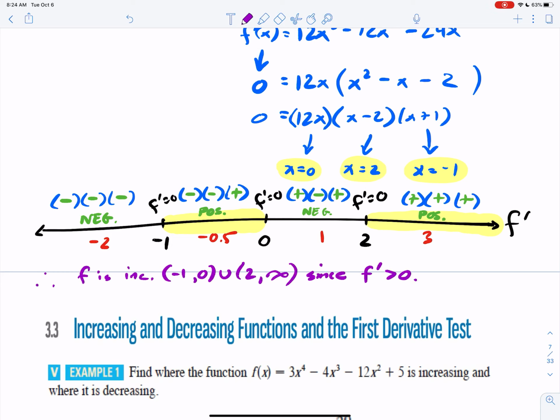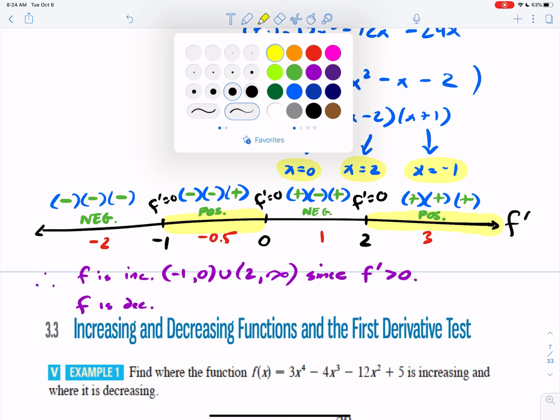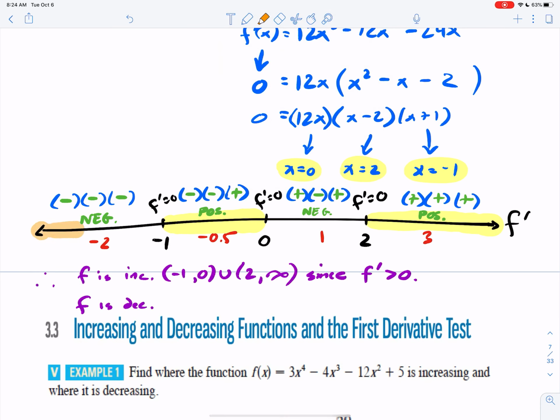You will never get points if you do not justify it. Okay, f is decreasing from the far left to negative 1 and from 0 to 2. If you have a highlighter, this will really help.